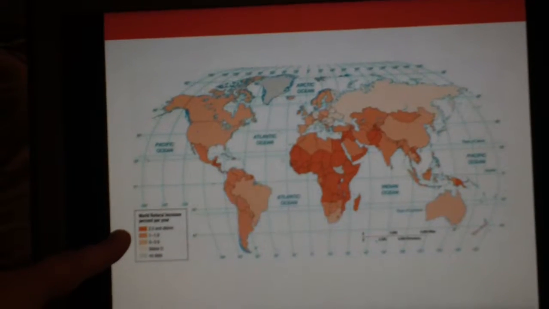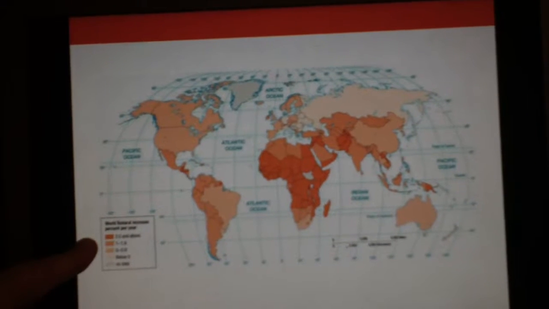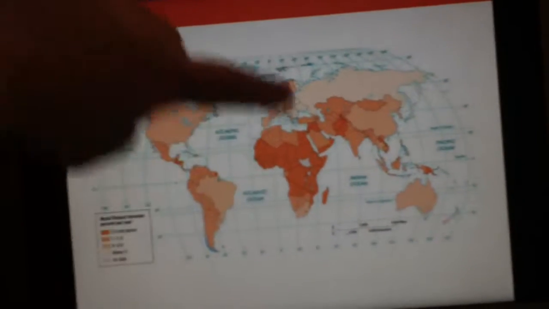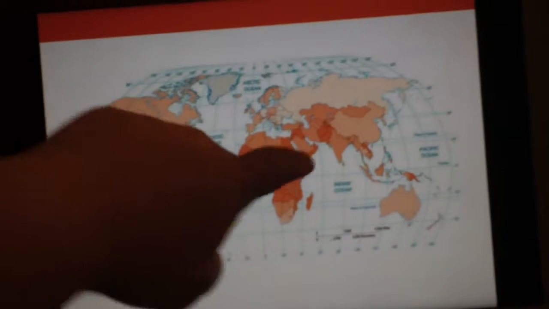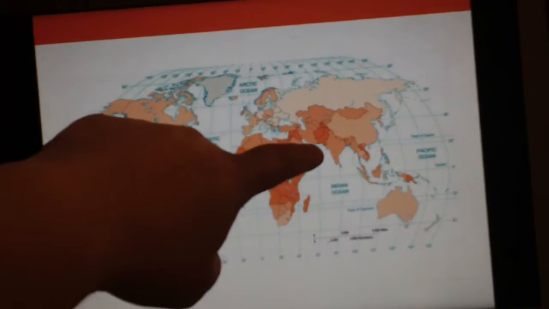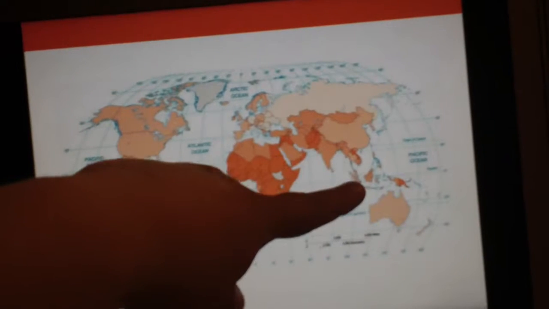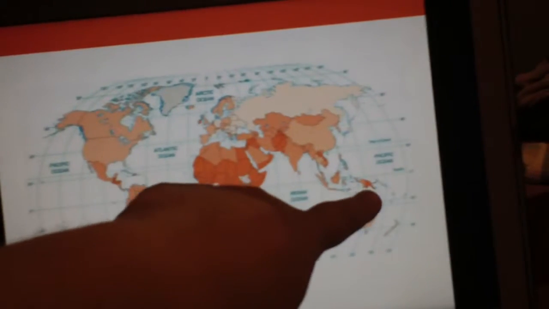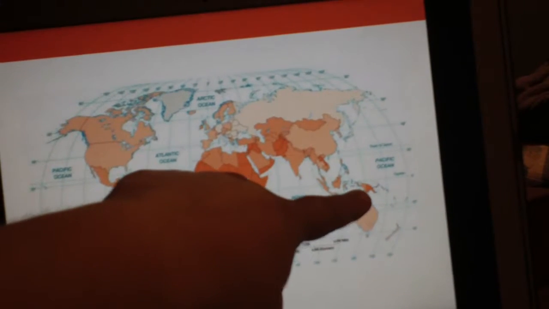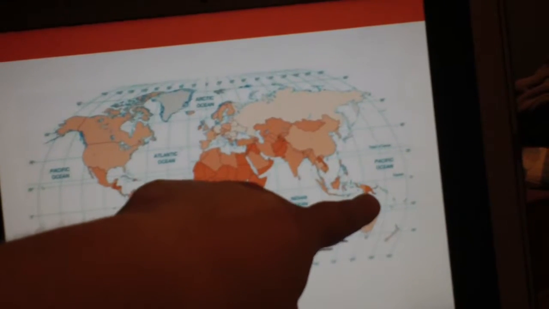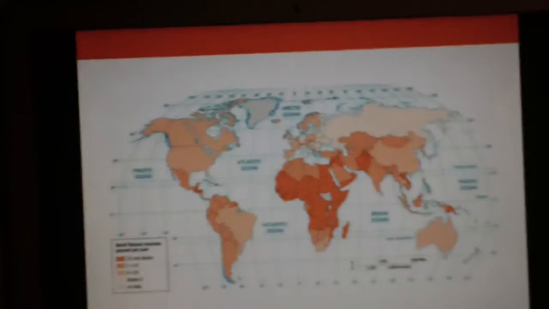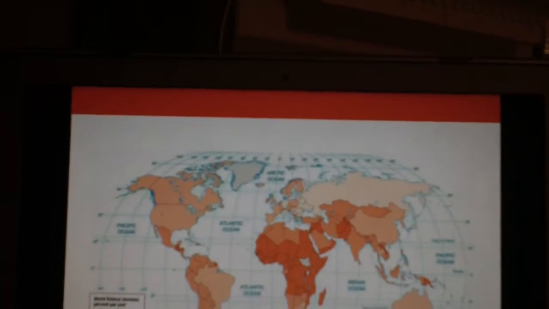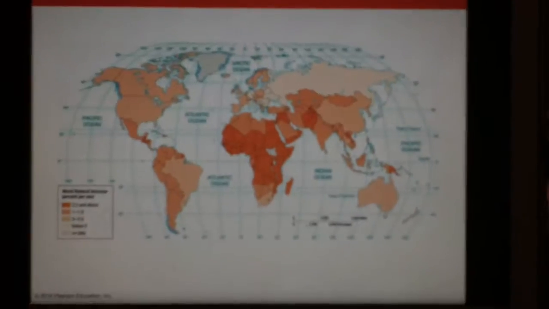You can see that countries in Africa, Central America, the Middle East, Pakistan, Vietnam, and New Guinea have higher levels of natural increase.